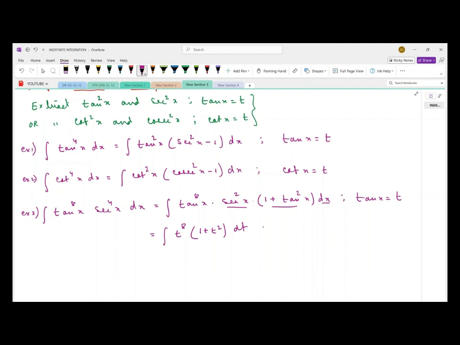So you can manage it. So the moral is, this is how you manage your integrals if they contain tan, sec, or cot, cosec. Right.